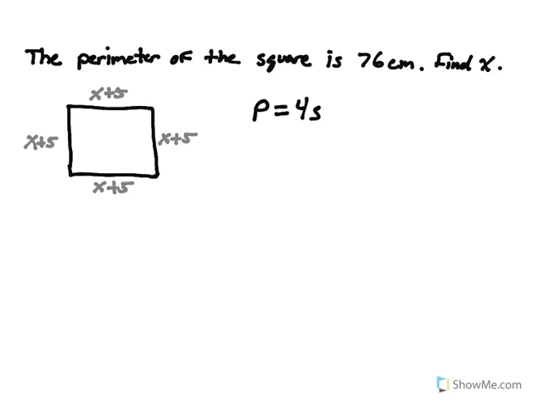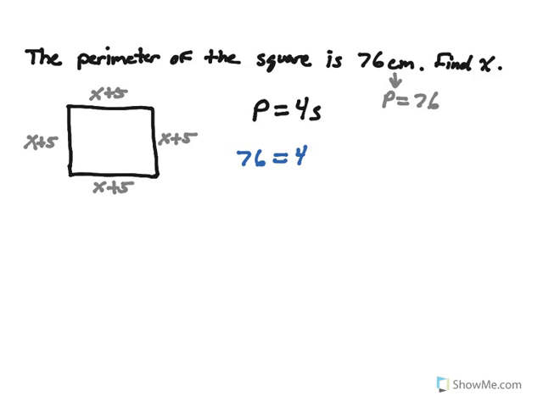So we're given a piece of information, okay? P in this case is 76, and we know that from here. So we're going to substitute that into the formula, okay? And we're going to say 76 equals 4. And then we know the side.